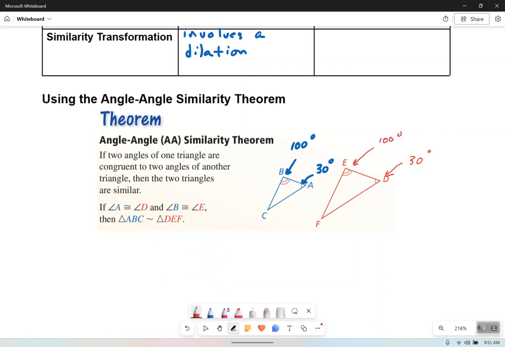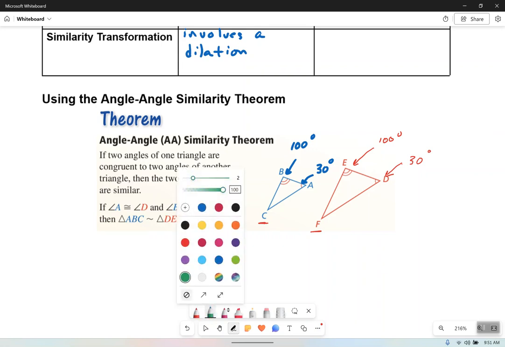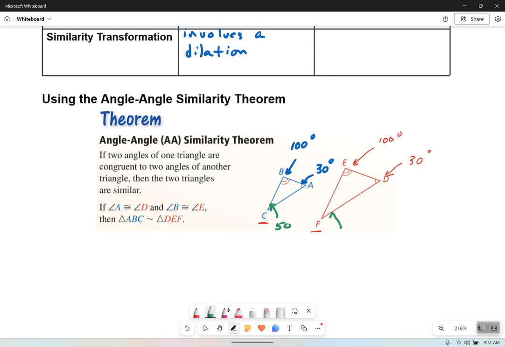So let's just jump down here to C and F. You guys told me 180 degrees. How many degrees would C have to be? F would also have to be what then? Are all the angles the same? Or do we have three pairs of equal angles in that? So if that's true, then the figures definitely have to be the same shape, right? So how many pairs of angles do you need to prove triangles are similar? And that's called the angle similarity theorem.